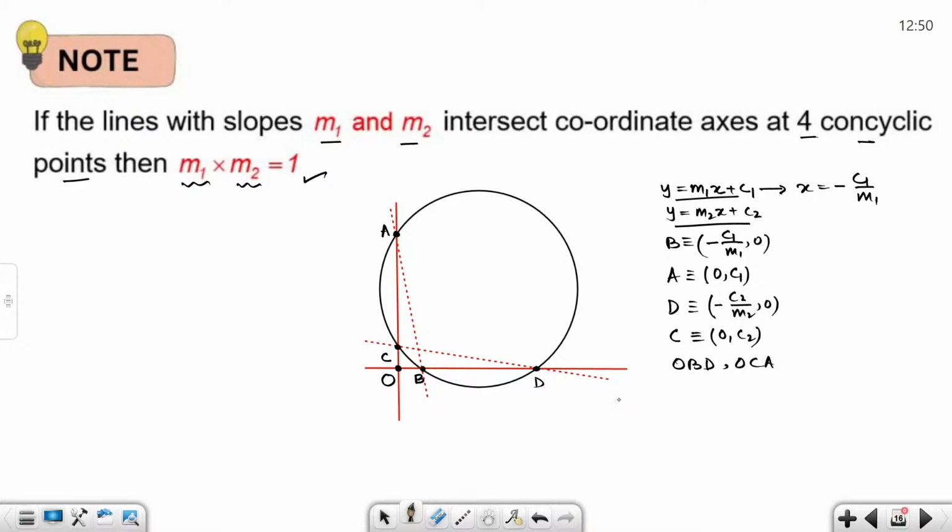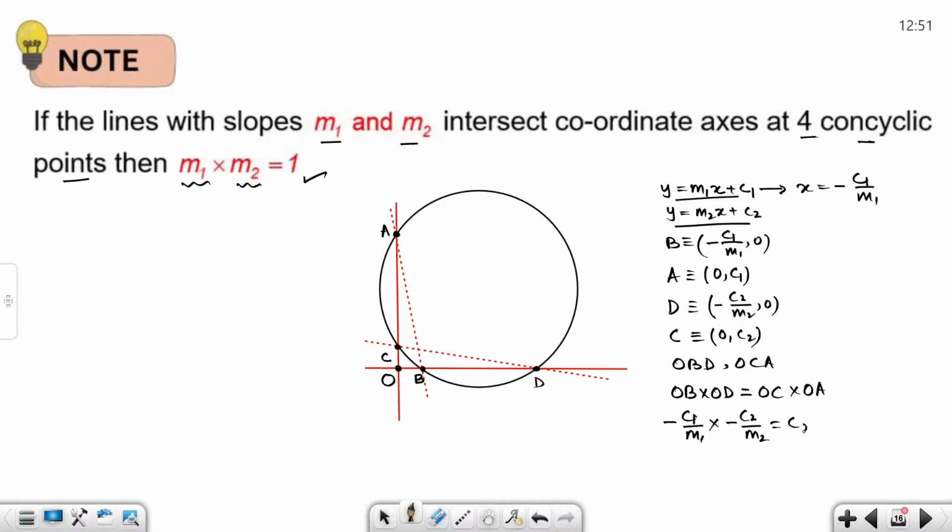Now we know from the Tangent Secant Theorem that OB into OD will be equal to OC into OA. Am I right? What is your OB? Your OB is minus c1 by m1, into OD, that is minus c2 over m2, which is equal to OC into OA.